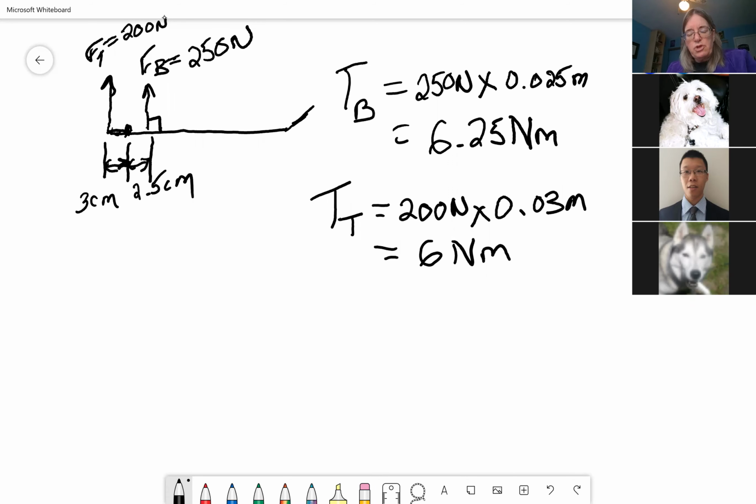Okay, so even though this guy produces more force, well, this guy does produce more force and he produces more torque. We all agree with that?